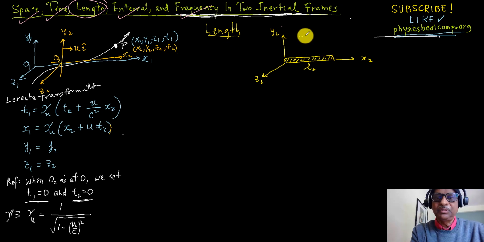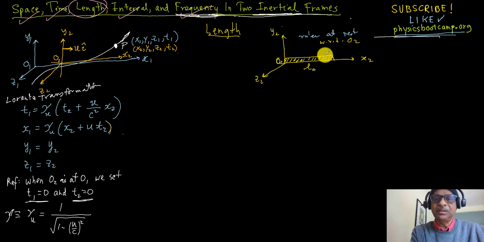So say a ruler at rest with respect to O2. It's not moving, so this is a rest frame.